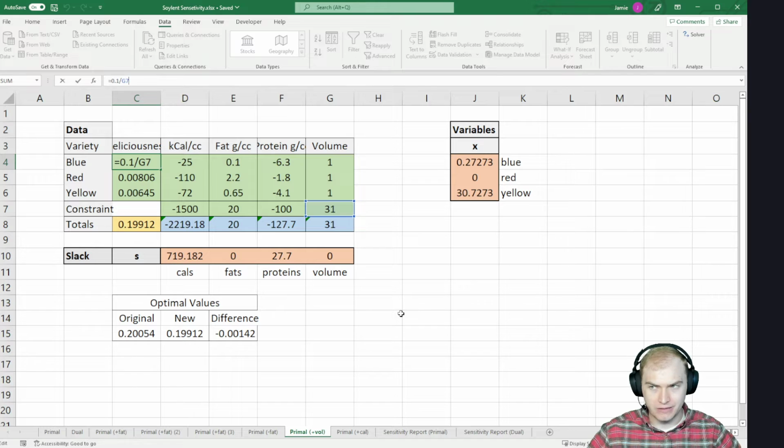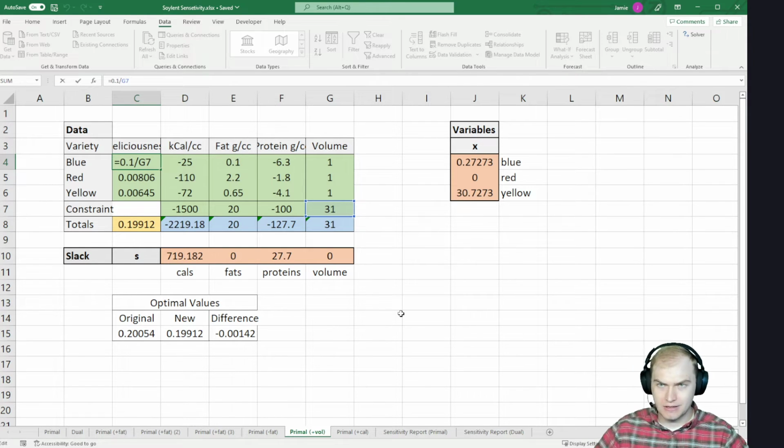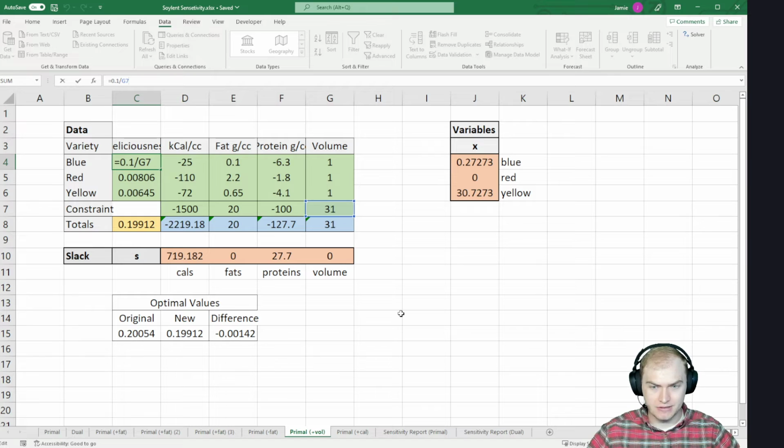So we have a little trouble there, and it doesn't quite work out. So this kind of analysis doesn't always like averages because they're not necessarily linear, depending on what you change.